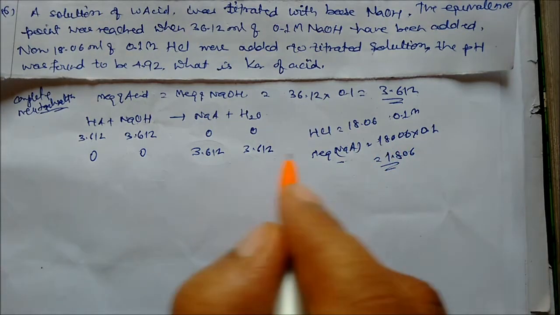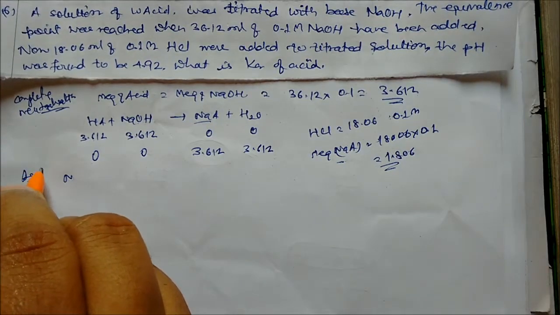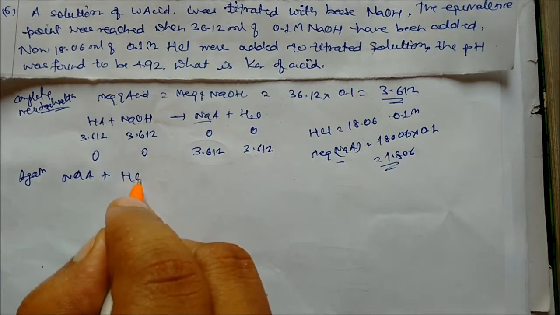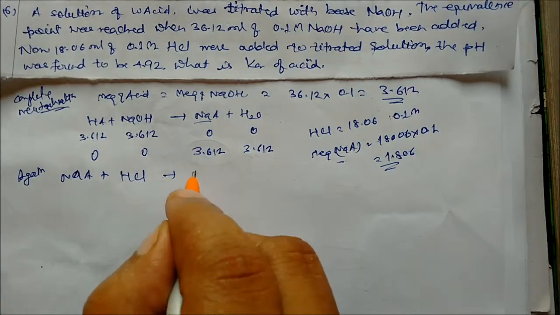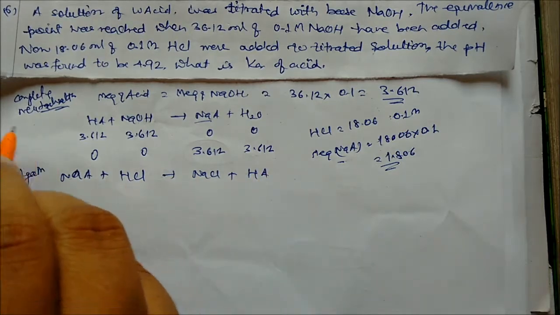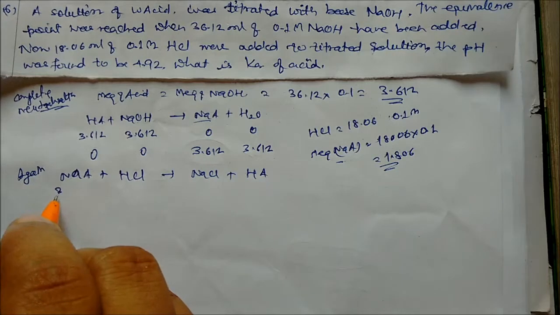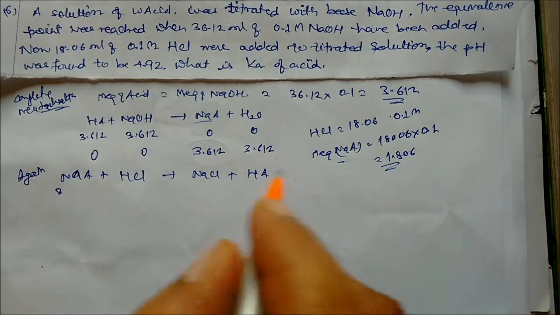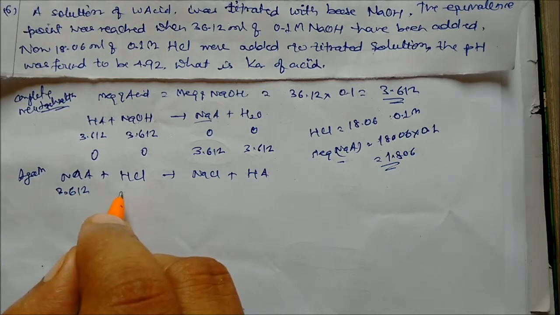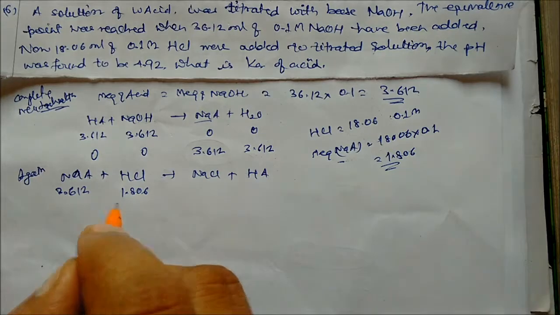Again we write the reaction: NaA reacting with HCl will give you NaCl plus HA. This will now act as a buffer. The sodium salt is 3.612 and HCl is 1.806, so HCl will react with this one.